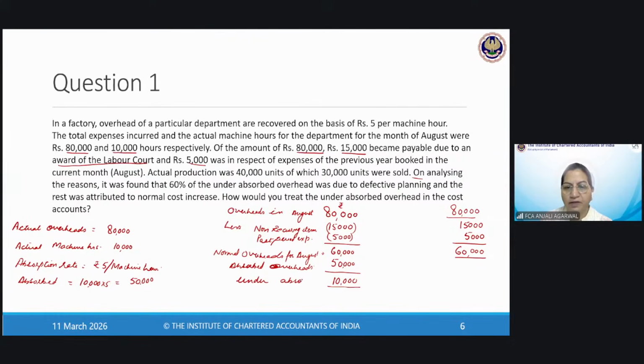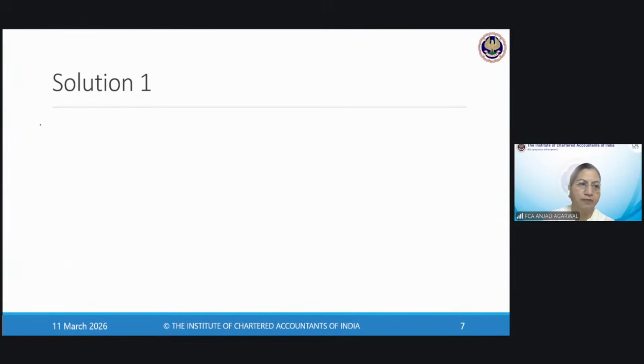Now, how will you treat the under absorption? There are different methods of treatment of under absorption. Number one, you can charge it to costing P&L account.